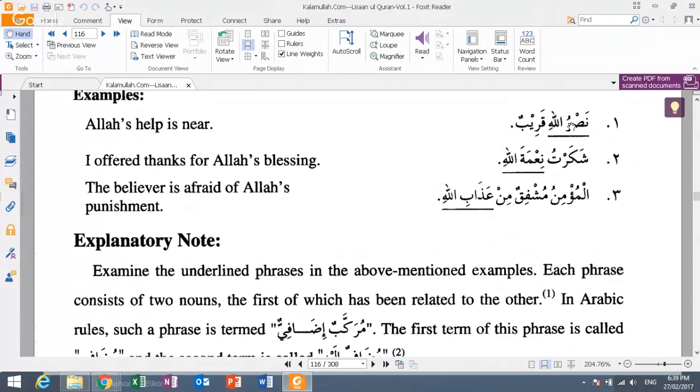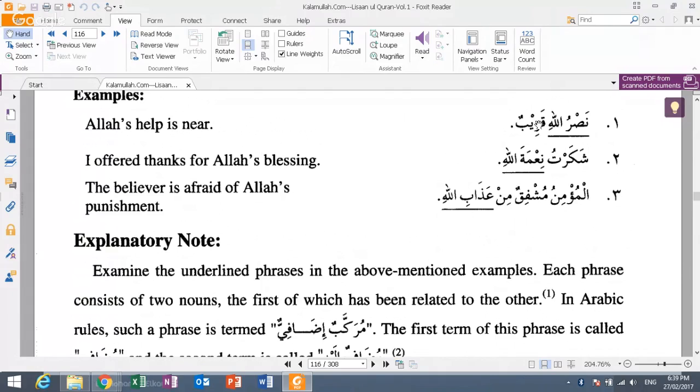What? Then you have to say something. Qareebun, is near. You understand? Ni'mat Allah, mercy of Allah, the blessing of Allah, or Allah's mercy. Then we have to complete the sentence. Adabillahi, third example, punishment of Allah. What? Then we have to complete the sentence.